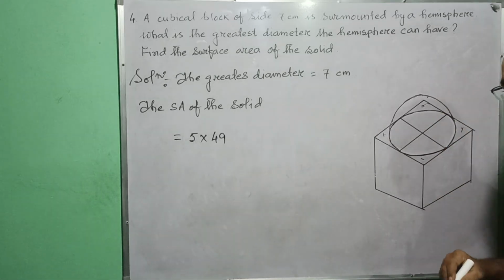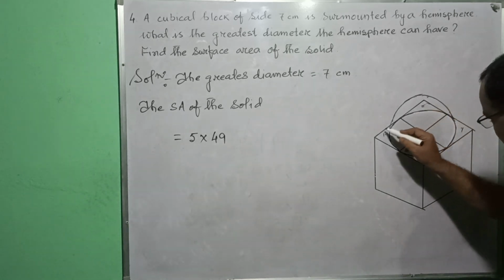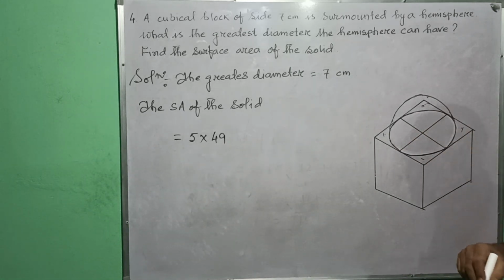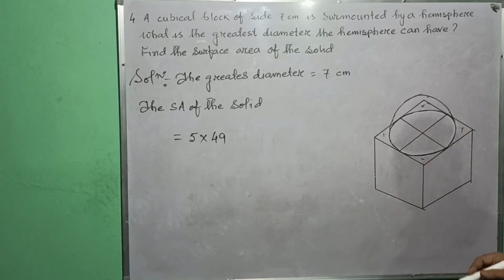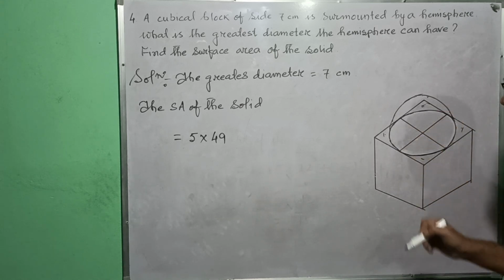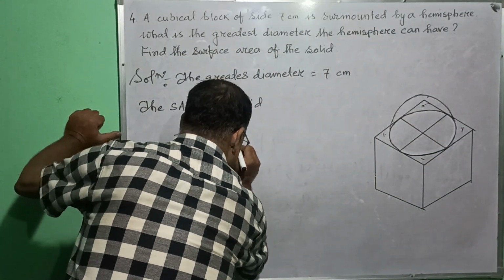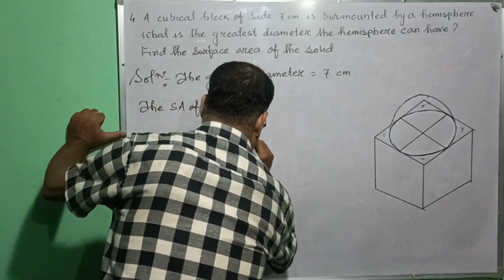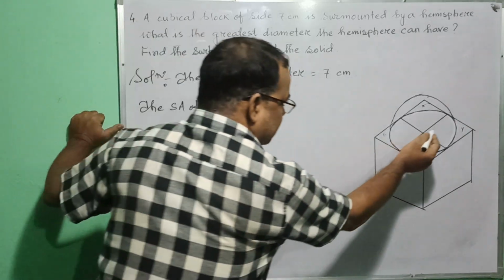Now we'll write this corner one. We can subtract the circular part from the area of one face, the 6th face. The area of one face is 7 into 7, 49. But we have to subtract the circular part.